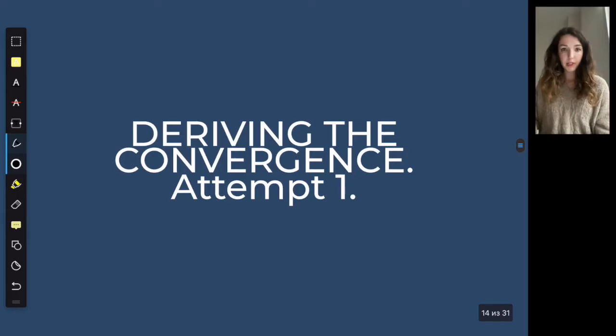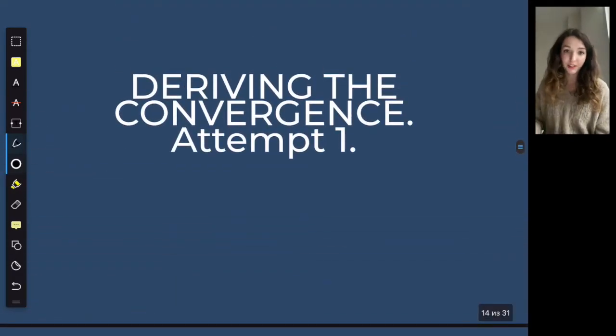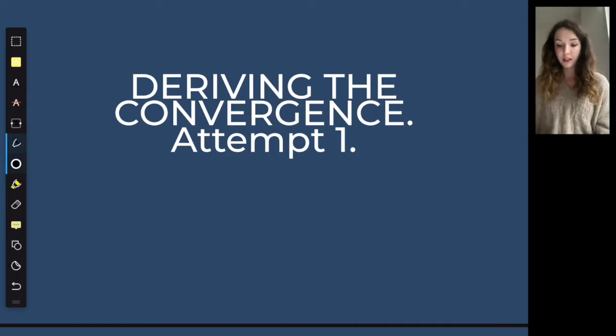Okay, so let's see if we can derive the convergence of this algorithm. So it's attempt 1. Attempt 1 may already tell you that we won't be able to derive the convergence as we would like to, but let's try.